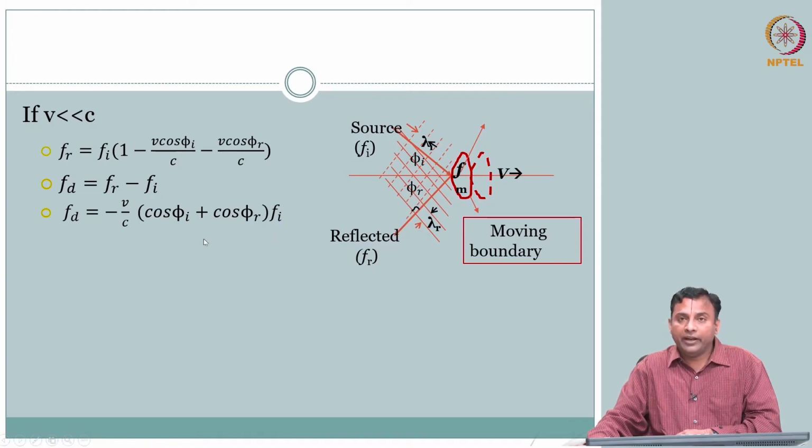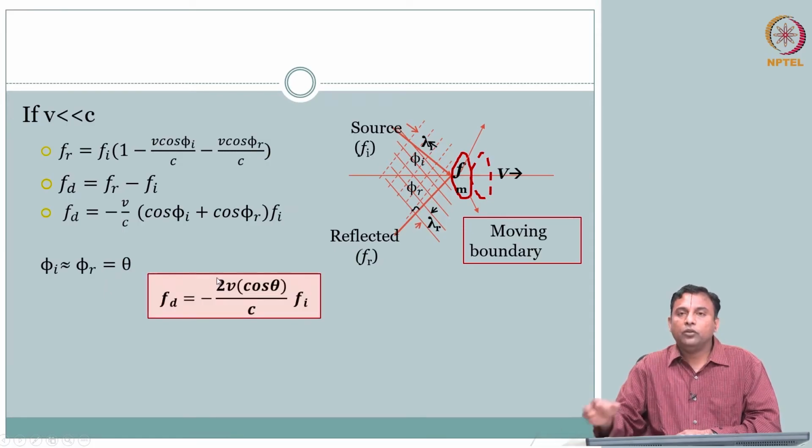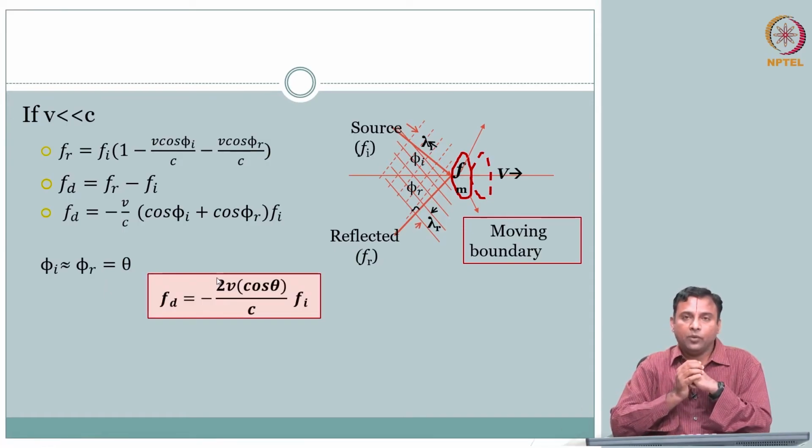Very interesting situation. Now what we will do is, we will pretend phi i equal to phi r. If that is the case, let them be equal to some theta, for example. Phi i approximately equal to phi r equal to theta. If you do that, you get this equation. What is this saying?